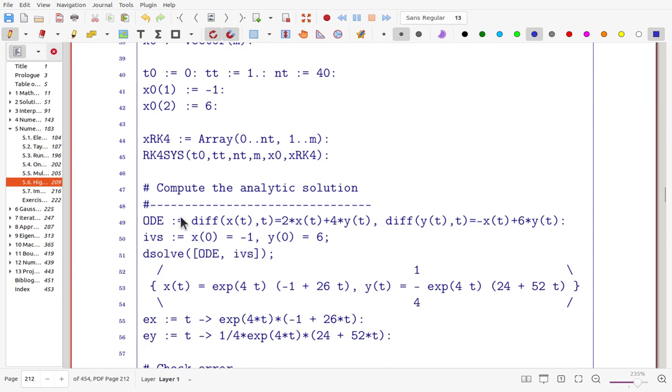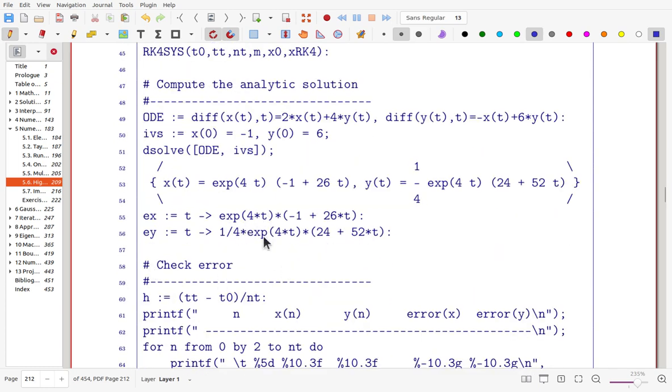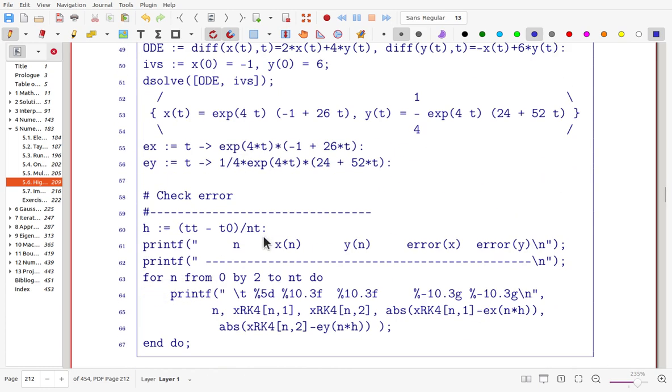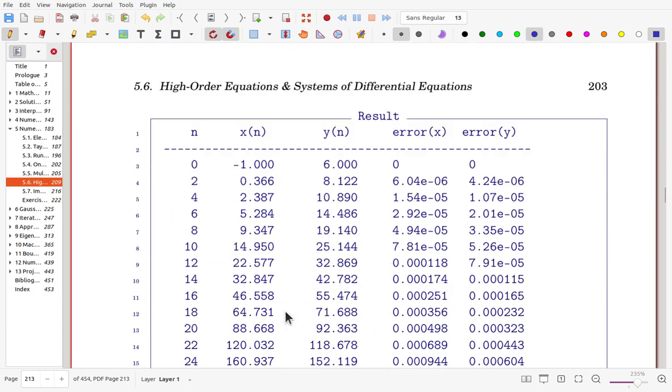Now we can solve the problem here analytically by using dsolve, so that these are exact solutions, and we can measure the error. Here we can see the result. That is xn and yn, and there is error for x and error for y, measured from the exact value.